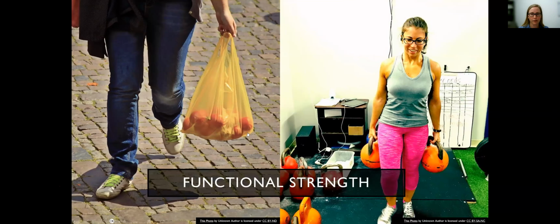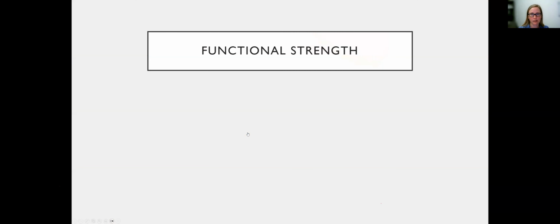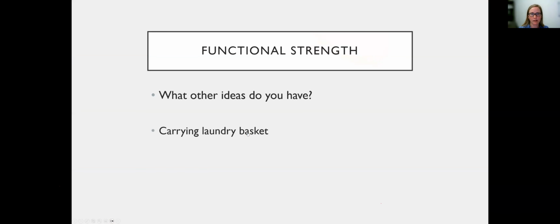And even in the home, you can incorporate things like carrying a bag, and getting creative with our strengthening activities. So if you try to think of some other functional strengthening, these are some things that come to mind, even carrying a laundry basket, and you can grade it with how many clothes are in it.